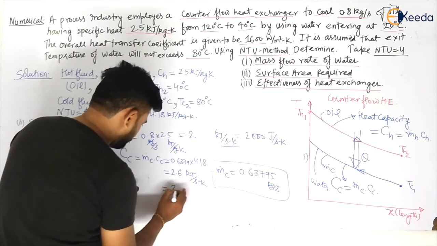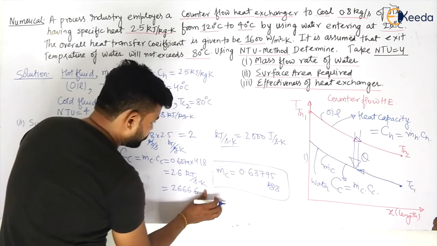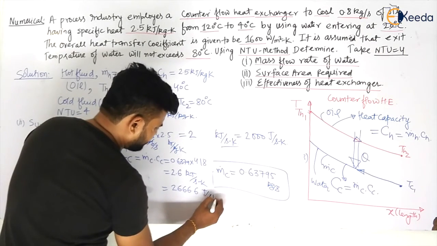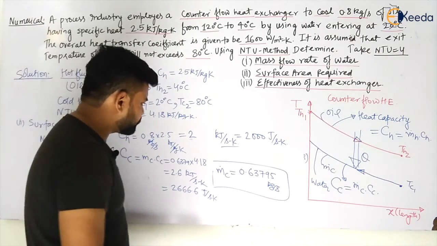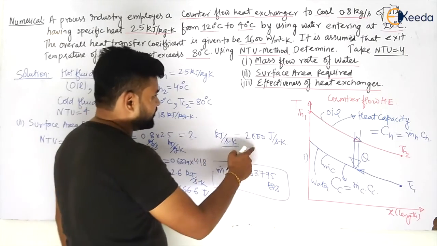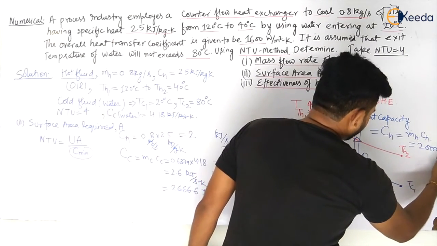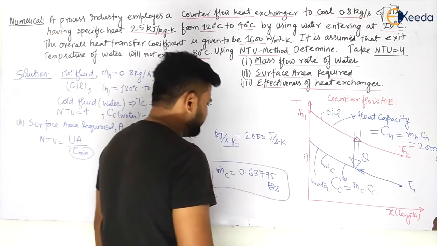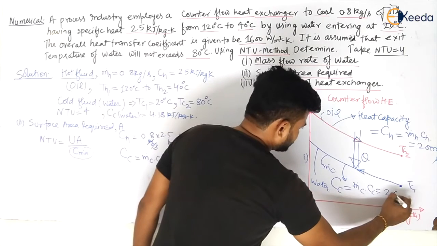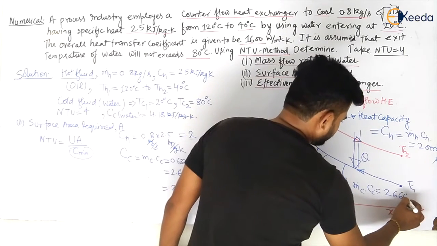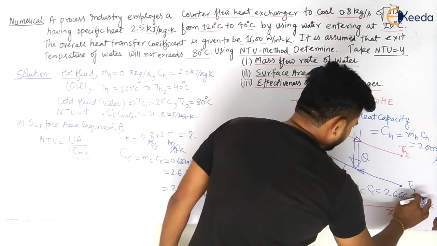Or we can write 2666.6 joule per second Kelvin. You can see, my dear students, the heat capacity CH is equal to 2000 joule per second Kelvin for your hot fluid, and 2666.6 for your cold fluid, my dear students.